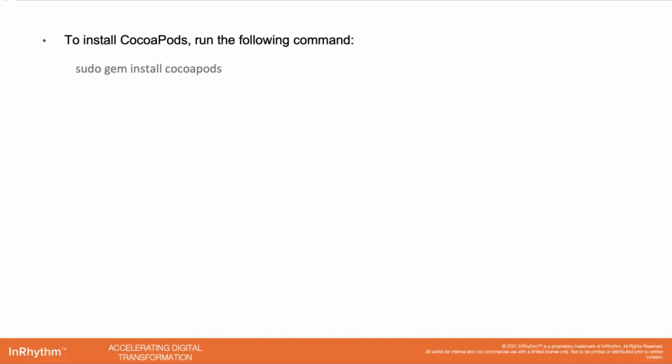So if you are an M1 Mac user and you have troubles installing CocoaPods using this command, you may try a different route. I was one of those people who got stuck installing CocoaPods on an M1 Mac.